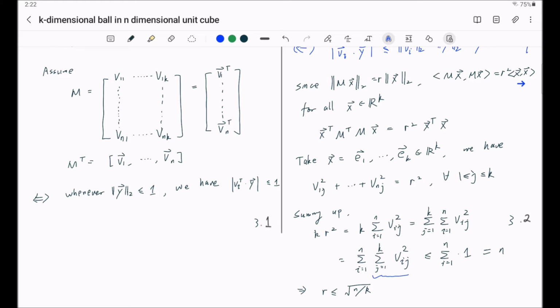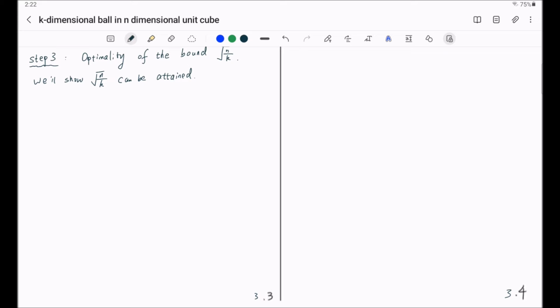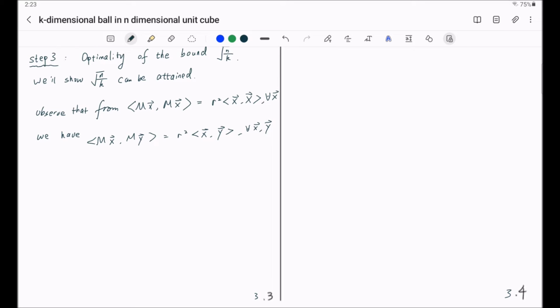So you can replace one of those x by y. Here the vectors are from Rk. M is from Rk to Rn.